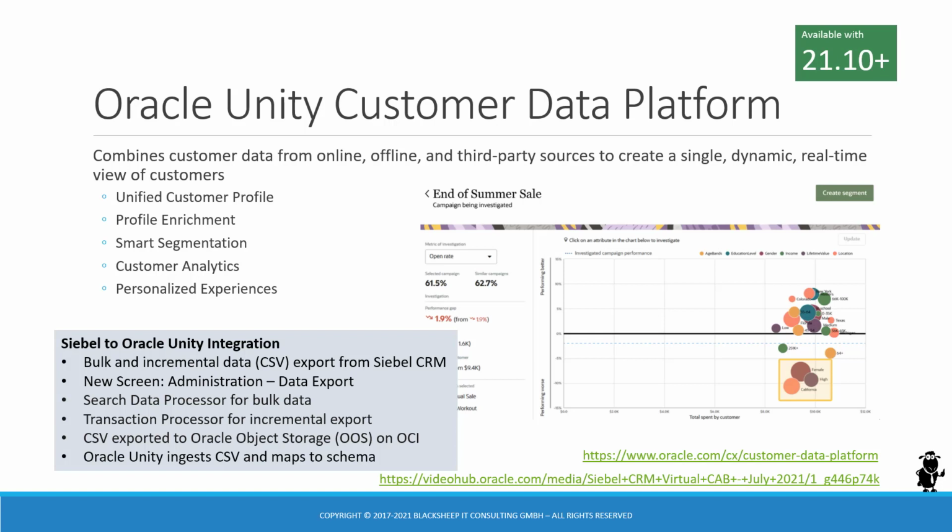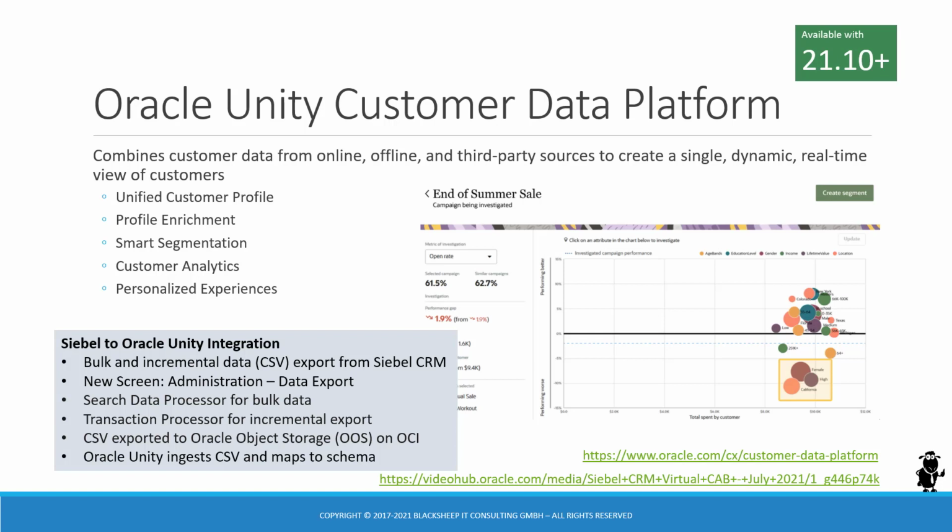So it's a data enrichment, marketing, segmentation, analysis tool that is available in the Oracle CX Cloud. So follow the link in the descriptions for details on that. And the integration was somewhat announced in the virtual CAB meeting in July 2021. So we also have a link to that video replay in the description there.